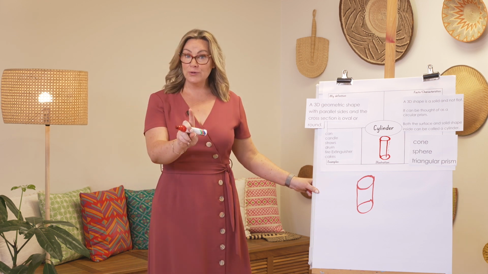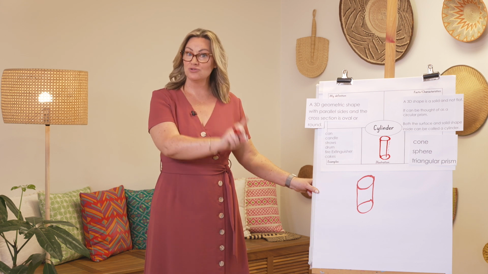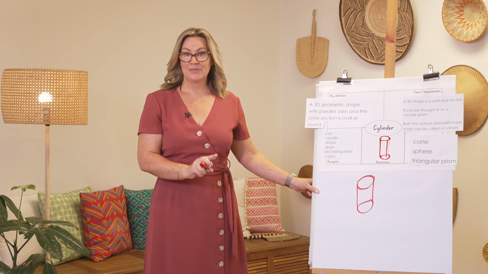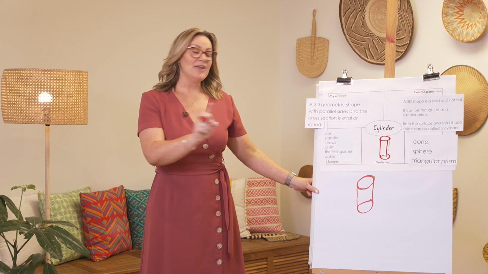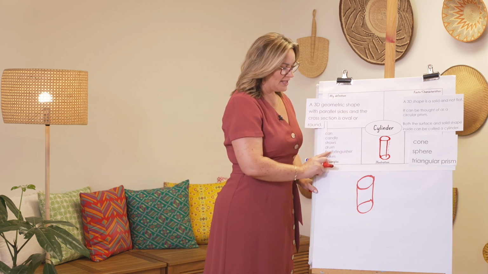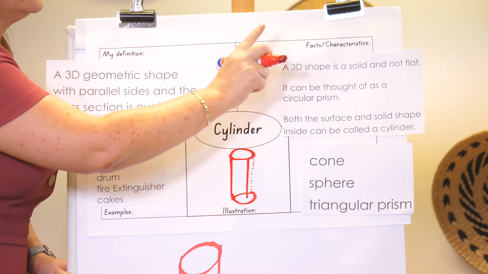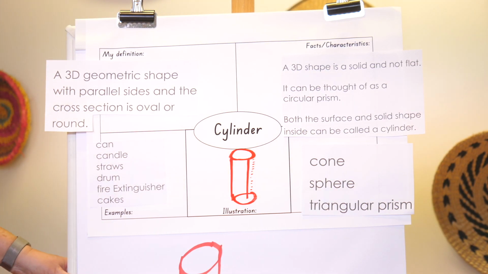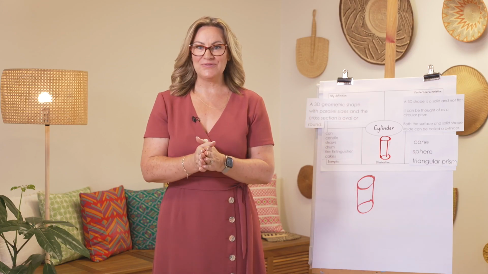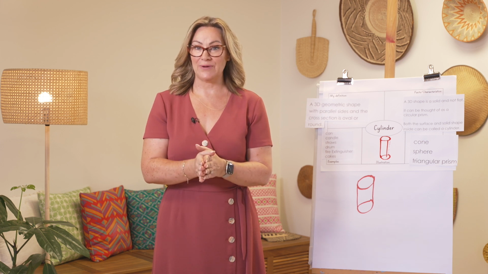Now remember, you can pause the video and you can practice drawing your cylinders as well. Pause the video and read through the Freya chart, making sure that you can understand why we have put the information under those subheadings.